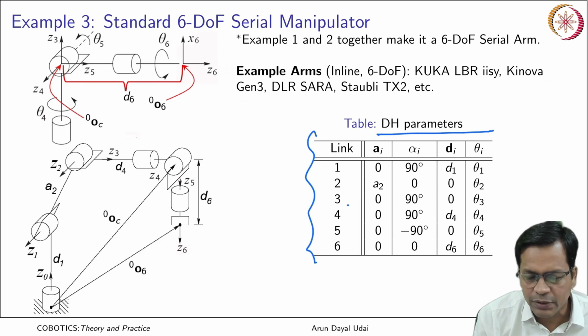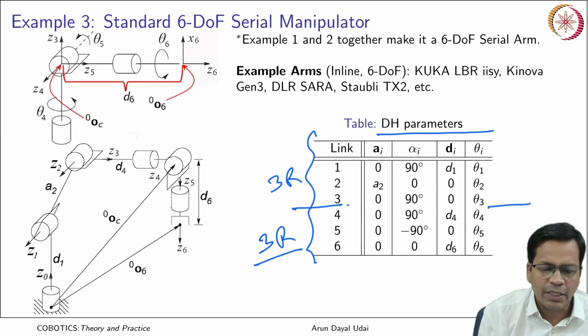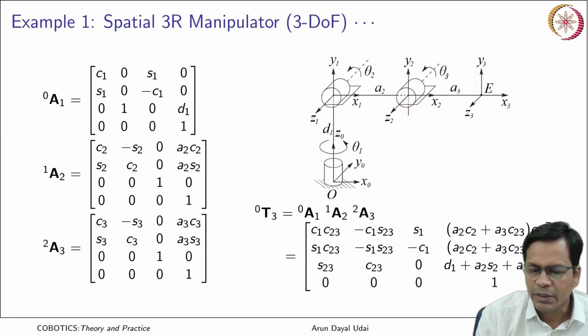Okay. So you have the first 3 for the 3R special robot, that is the positioning robot, and the rest is for the 3R spherical wrist. Okay. So that comes here. The only difference that comes here is the axis. So if you look carefully, the last link had Z like this, now it is like this. Others are exactly the same because now it has an axis that comes like this.